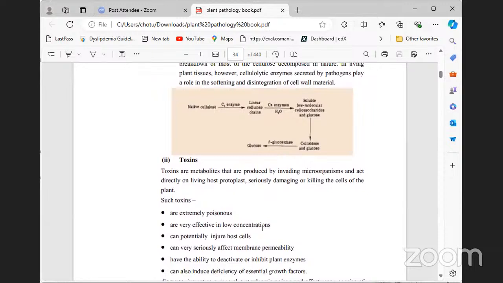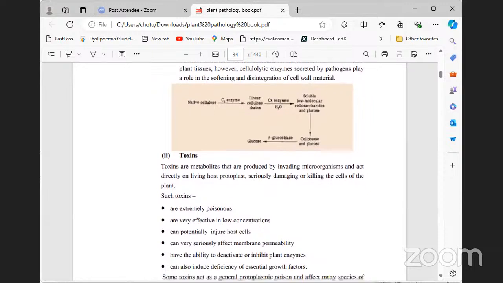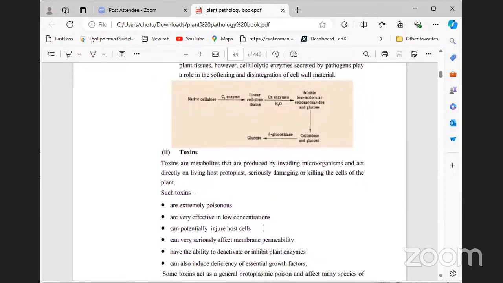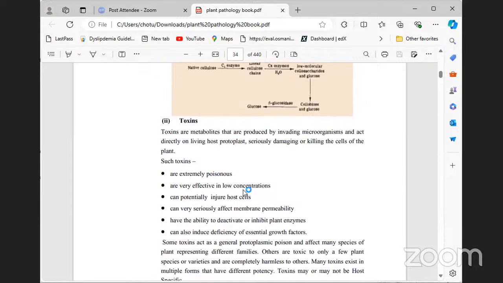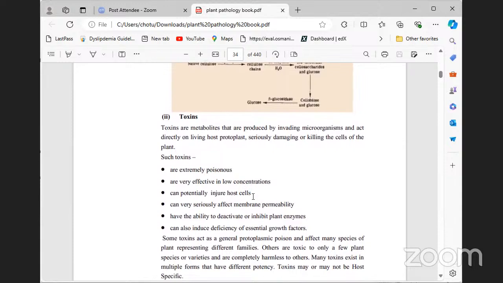Toxins are metabolites that are produced by invading microorganisms and act directly on living host protoplasts, seriously damaging or killing the cells of the plants. What are the toxins?